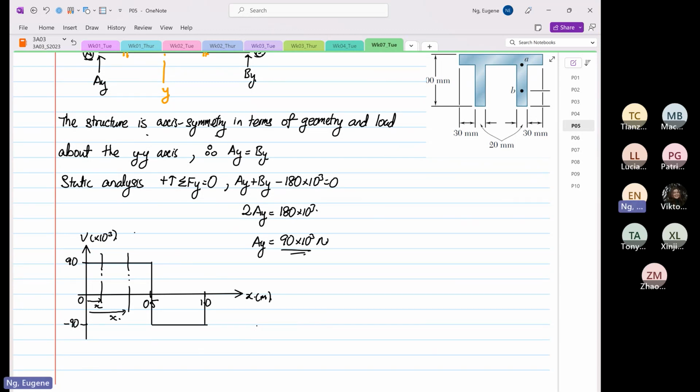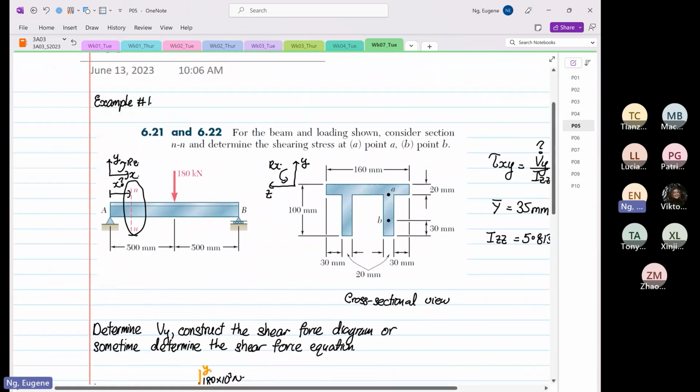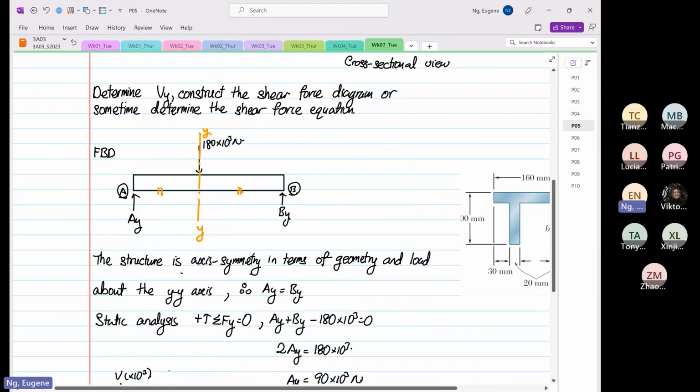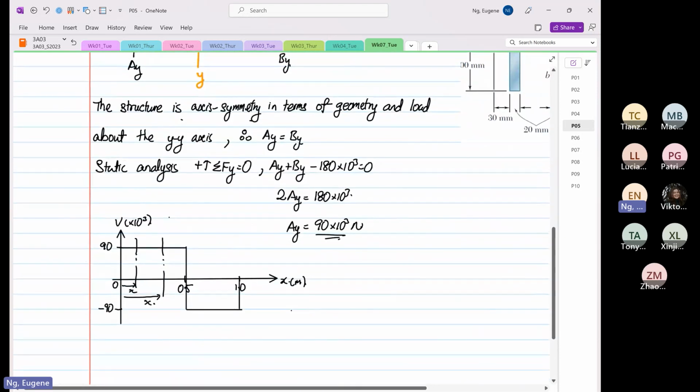So that's why when the question asks, what is the considered section NN, the first thing you ask is, where is NN? But after constructing the shear force diagram, we realize that it's not important at all, because from 0 to 0.5 meters, the V in the Y direction is 90, constant.